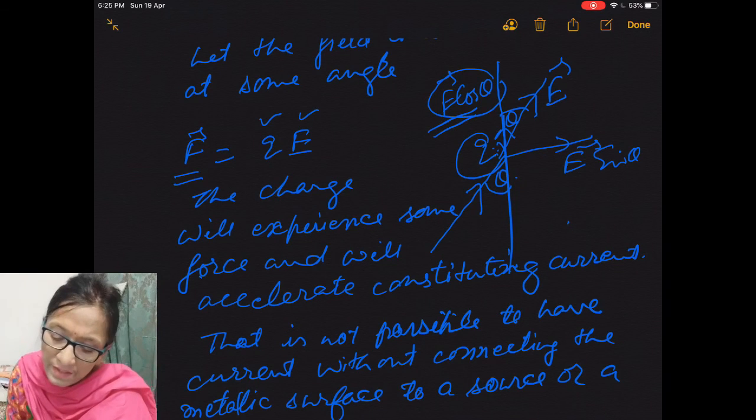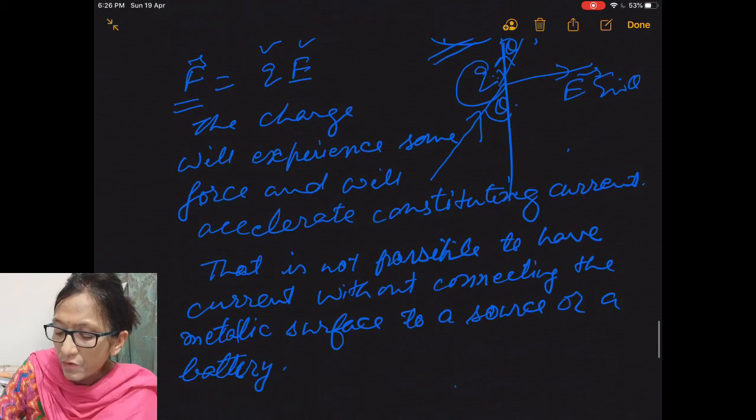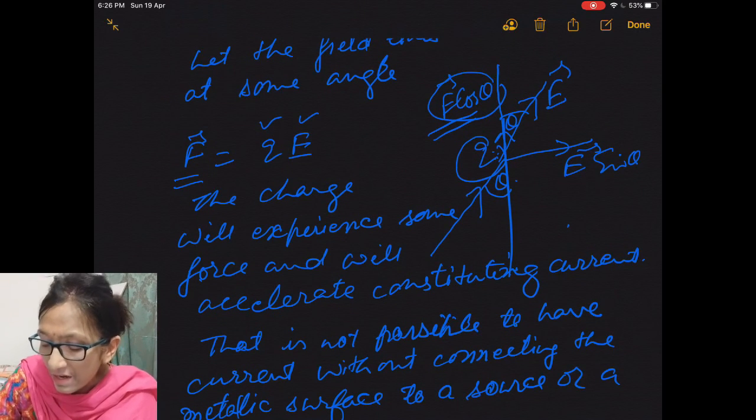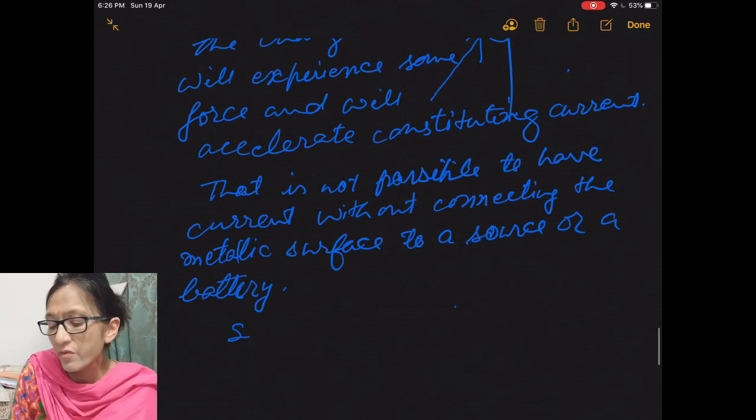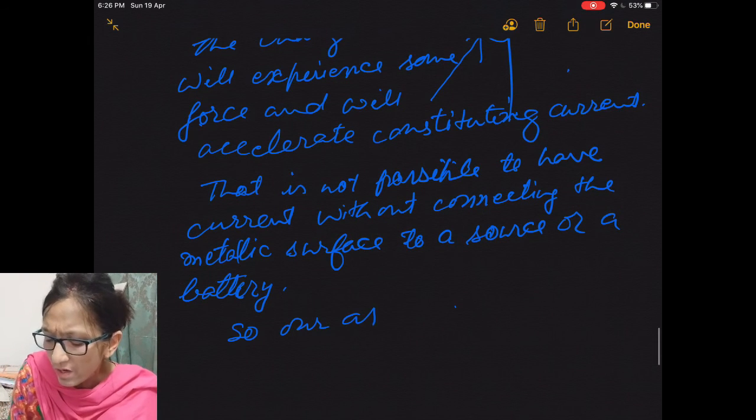So our assumption that the electric field line makes some angle theta is wrong, and so it is clear that electric field lines are always normal to the surface.